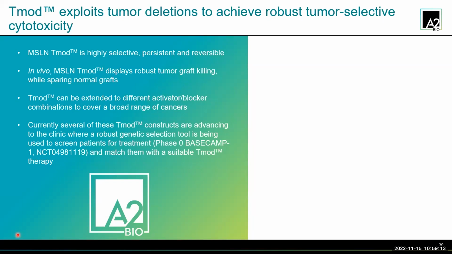And also, so this audience is aware, A2 is currently advancing several of these TMOD constructs to the clinic. The first two being A2B530 for CEA TMOD and A2B694 for mesothelin TMOD.